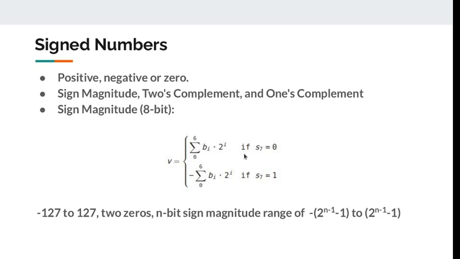If the most significant bit is 0, it's the same, so you just sum it up and it's your number. But if position 7, the most significant bit, is 1, it's a negative version of that number.